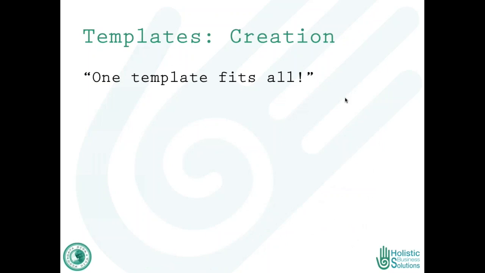Now that we've determined that a list is both important and will be needed somewhere in the future, let's get you started with a proper list creation template. Unfortunately, there is no one template that fits all, but your template should fit you. What do I mean by that? Let's look at an example.